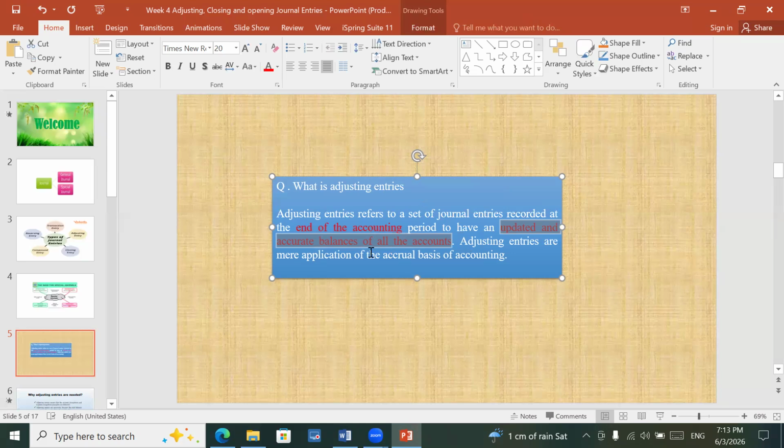And finally, adjusting journal tries to follow the accrual basis of accounting.